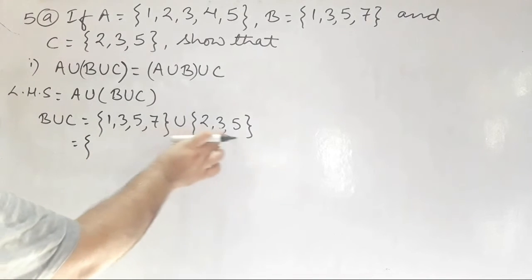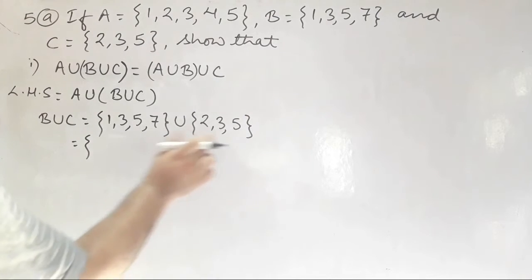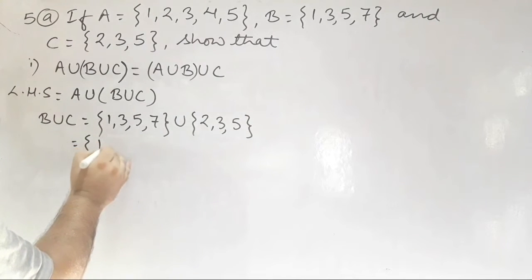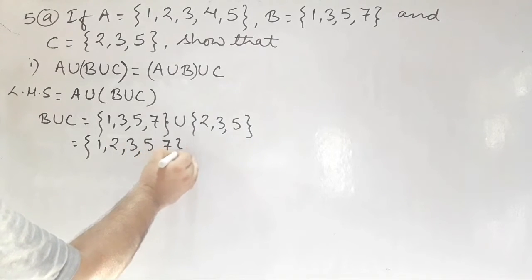We shall write down all the elements of these both sets: 1, 2, 3, 5, 7.